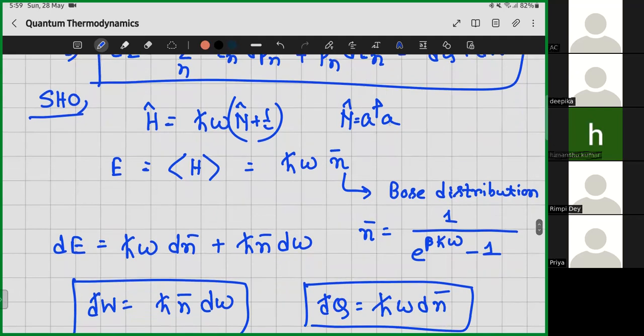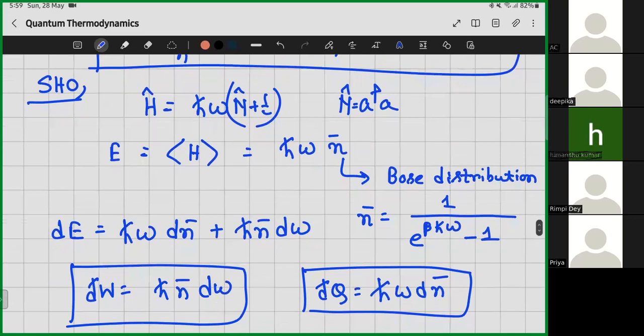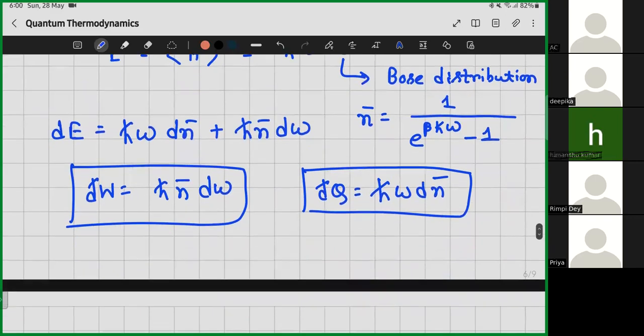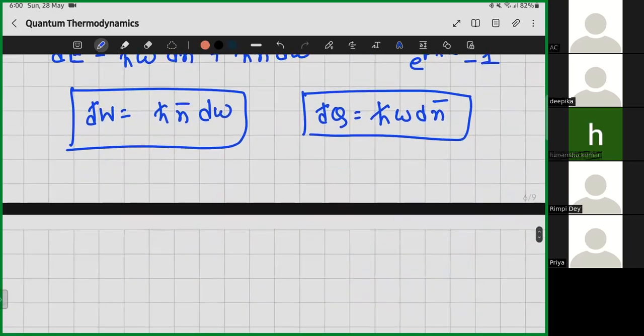You can take the form of the number operator A dagger A, and then operate the Hamiltonian on any state, and you will get the same result we obtained for the harmonic oscillator. Okay, is there any confusion? Okay, so this is our work and heat.